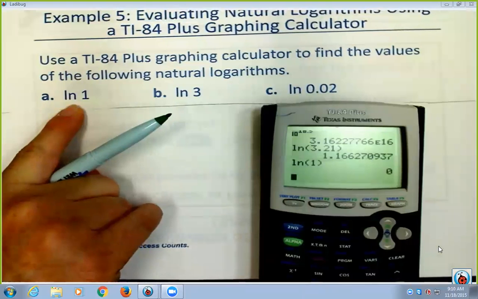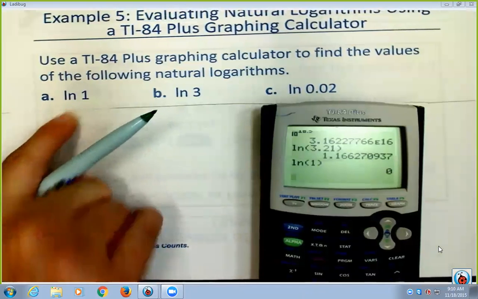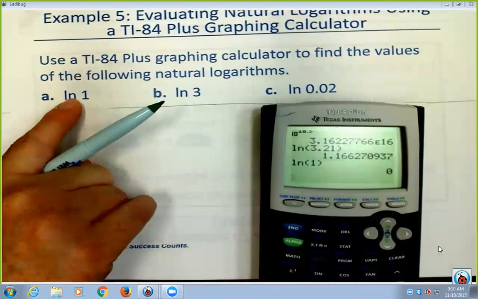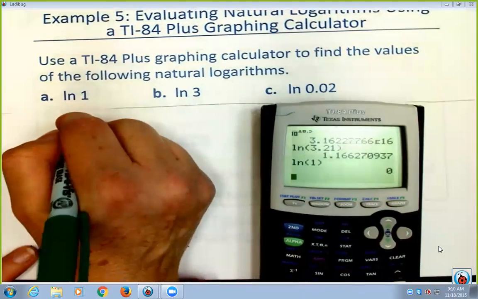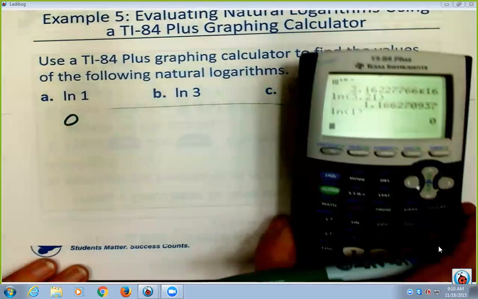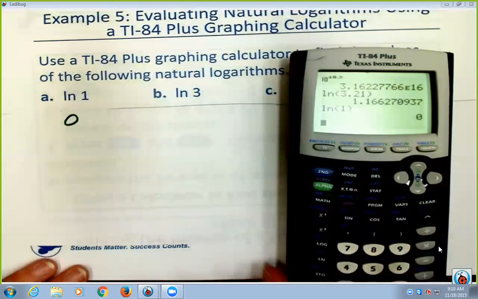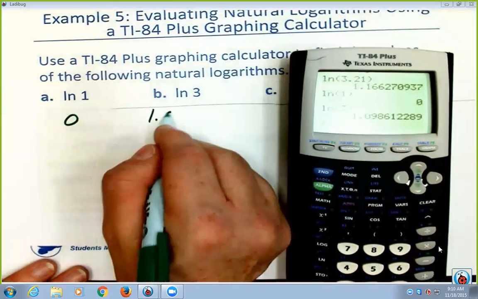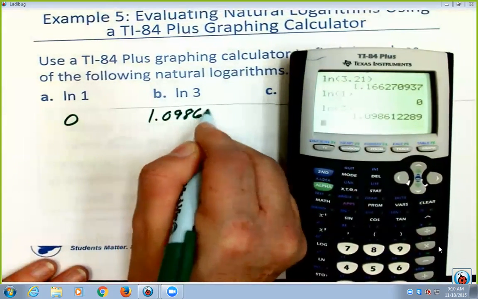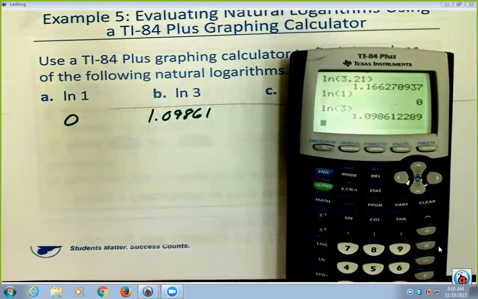We just did that one, ln 1. So I put in ln, natural log, type in 1, hit my parenthesis and my enter, and I get 0. And then if I go ln 3, pretty easy stuff, and I get 1.09861 for that one.